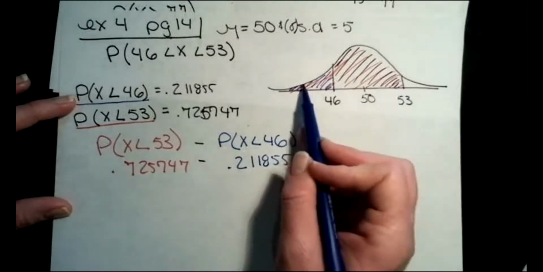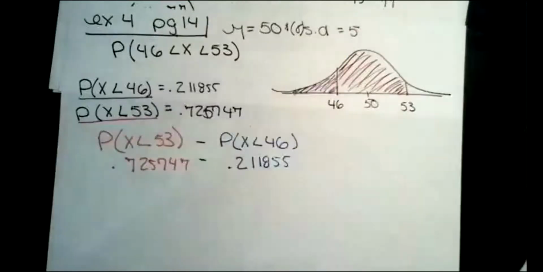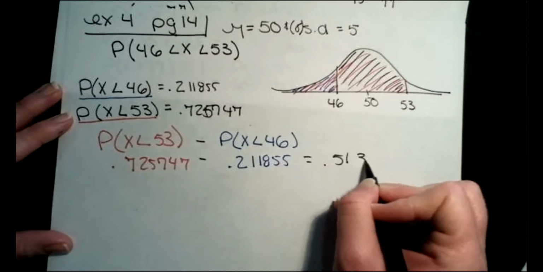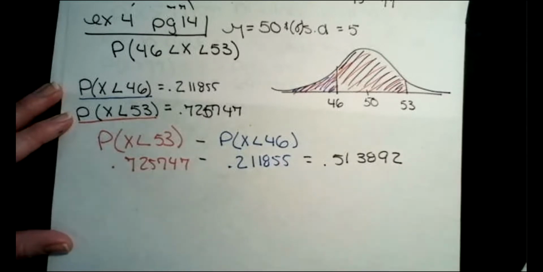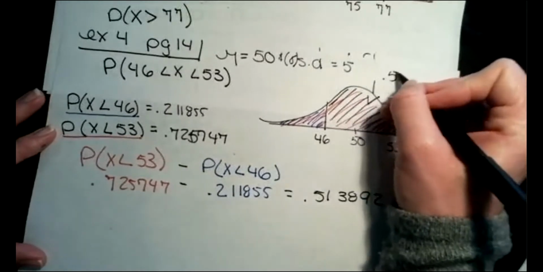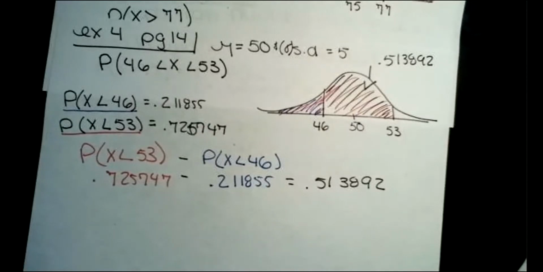So I take the red and subtract out the blue, and I'm left with just the middle. That's exactly what I want. When I subtract these out, I get 0.513892. So the area in the middle is 0.513892.